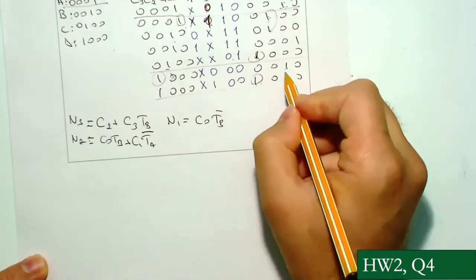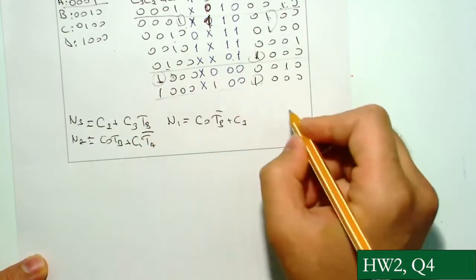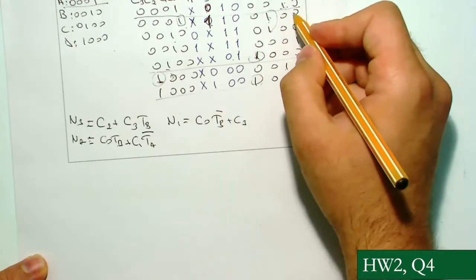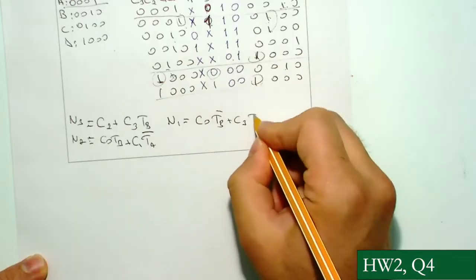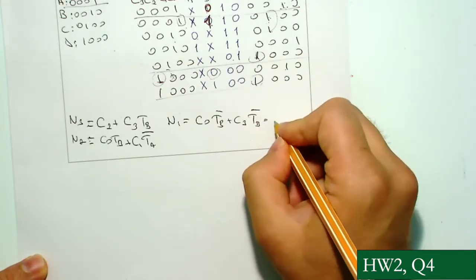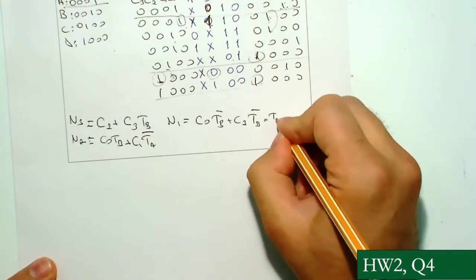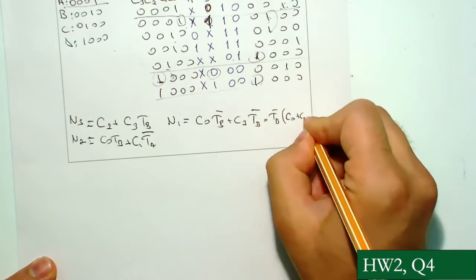And for that one, I have C3 as 1, and also we have TB 0. Right. So this should be simplified as, if I'm correct, yeah, TB not, C0 or C3, right?